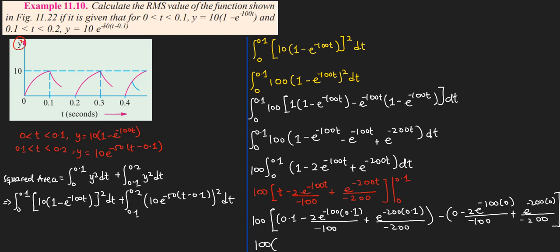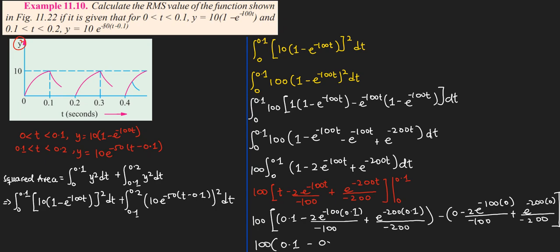We have 0.1 here. Let's do these terms also. For those terms, we have 0 minus 2 multiplying e to the power minus 100 times 0 divided by minus 100 plus e to the power minus 200 multiplying 0 divided by minus 200. So for this also we are going to have minus 0.015.